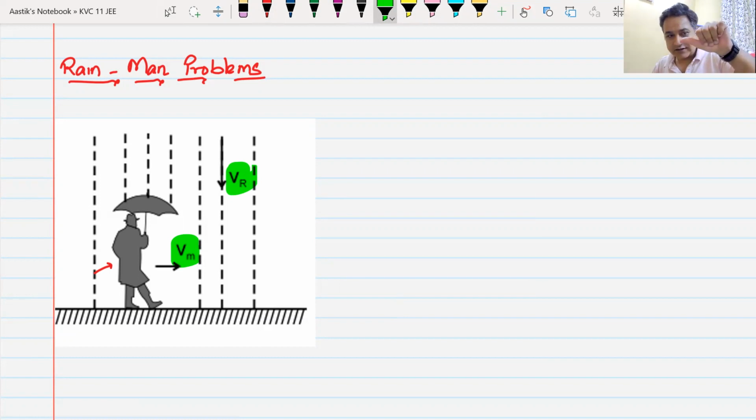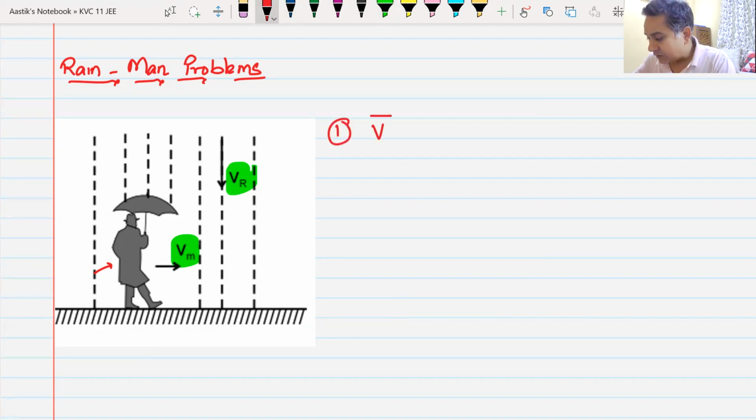So man is walking like this. In this case, we have just taken rain is falling like this. Now, what they ask here is number one, what is the velocity of rain with respect to man? So we can easily find out that thing. Velocity of rain with respect to man would be velocity of rain minus velocity of man.